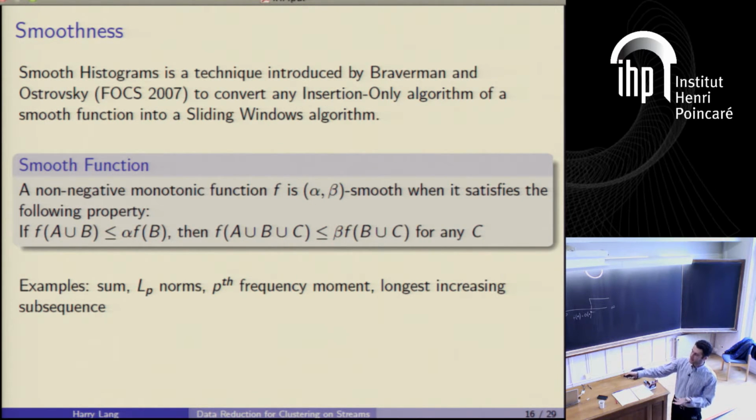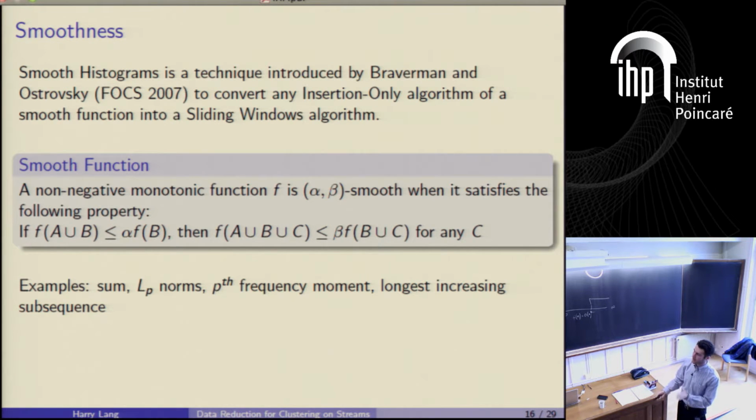So 1,000 plus 100 is less than, let's say, 2 times 1,000. Let b be the big one: 100 and 1,000 is less than 2 times 1,000. No matter what I add on, they'll always stay within a factor of 2. Even if I add on 1,000,000, it's still 1,000,000 and 1,000 versus 1,000,000 and 1,000 and 100. So basically, things that are similar at some point always remain similar in their cost.